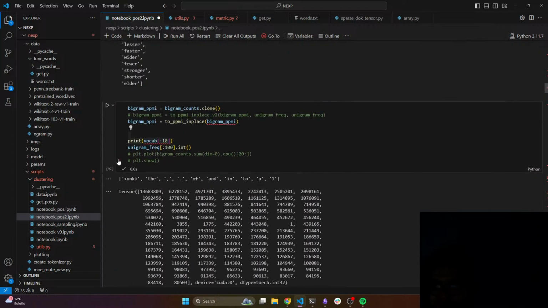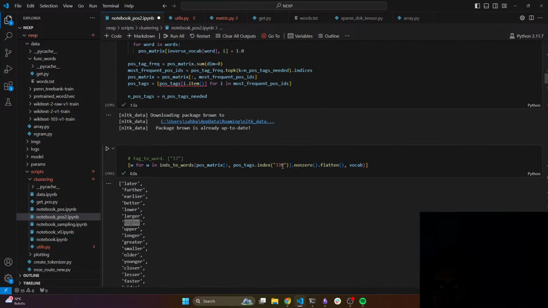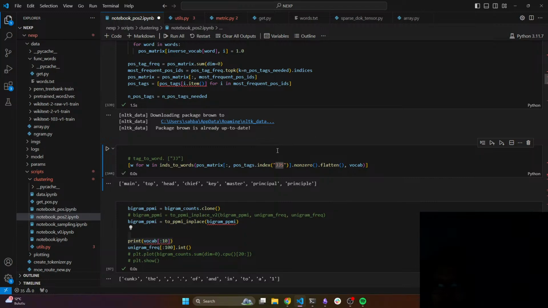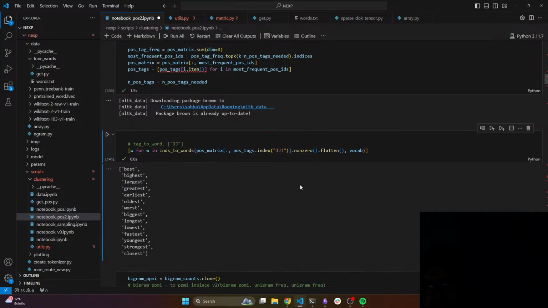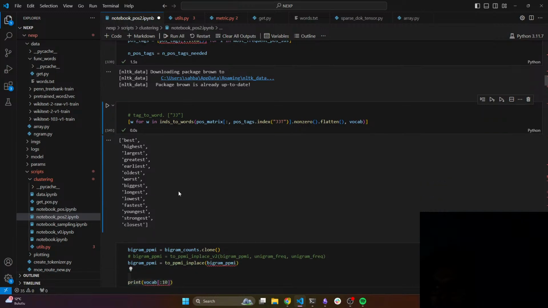Tallest, of course, there is no tallest. Superlative. No. Oldest, longest, youngest, strongest.